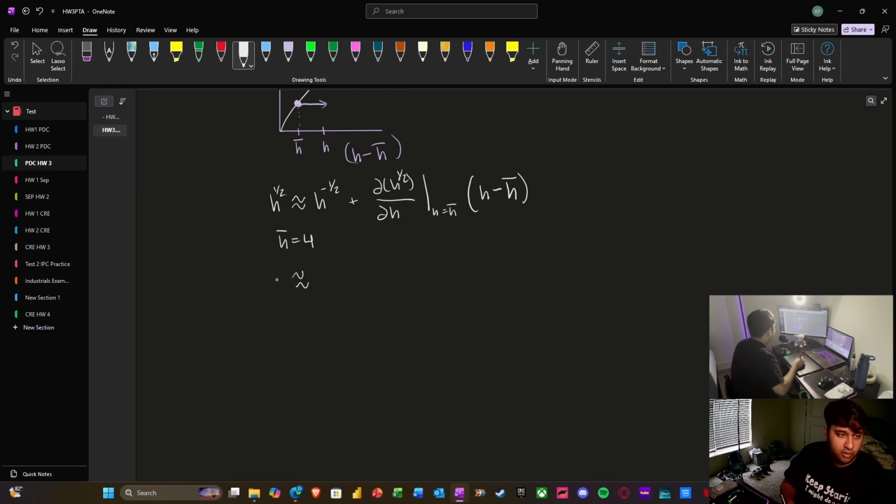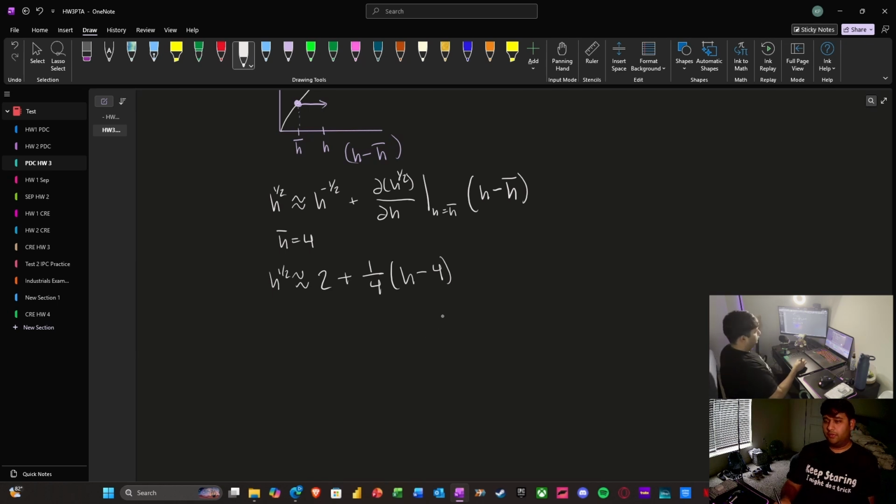So h to the 1/2 is 2, and if h bar is 4, we end up with 2 plus 1 over 4 times h minus 4. So this helps us convert that square root function to a linear function, and now we're able to solve with our Laplace transform.